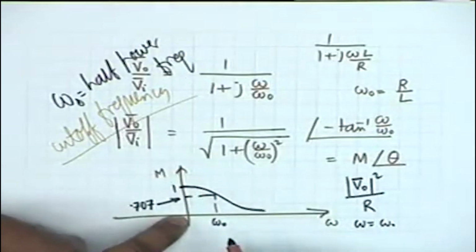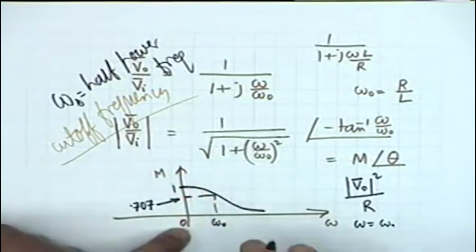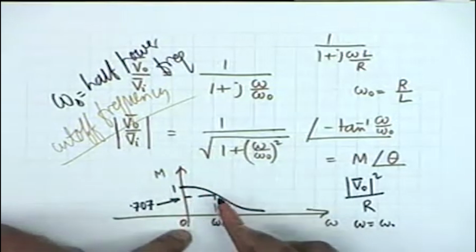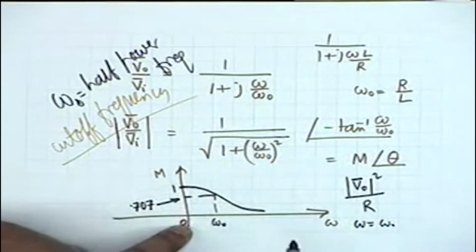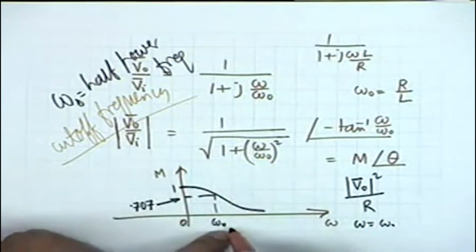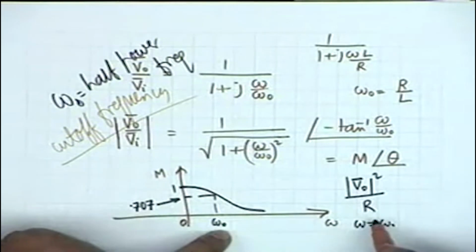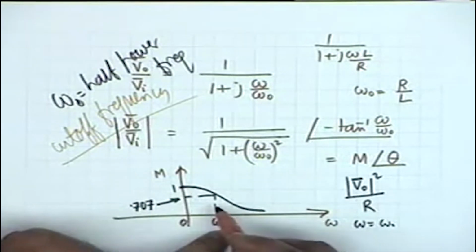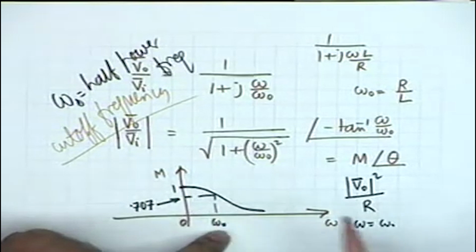It is as if the circuit behaves as a filter, retaining frequencies from 0 to omega 0 and rejecting from omega 0 to infinity. Therefore this circuit is a low pass filter, because it favors low frequencies as compared to high frequencies. So it is a low pass filter.